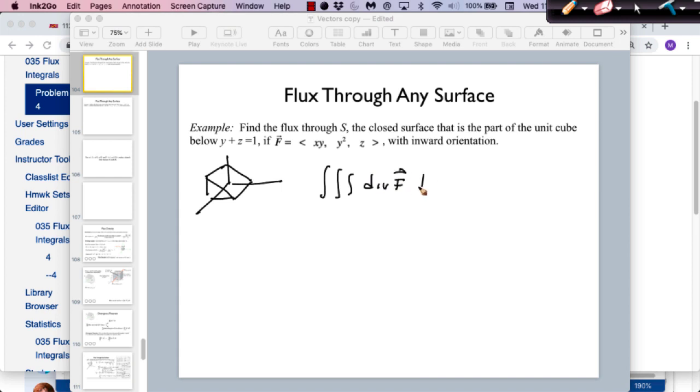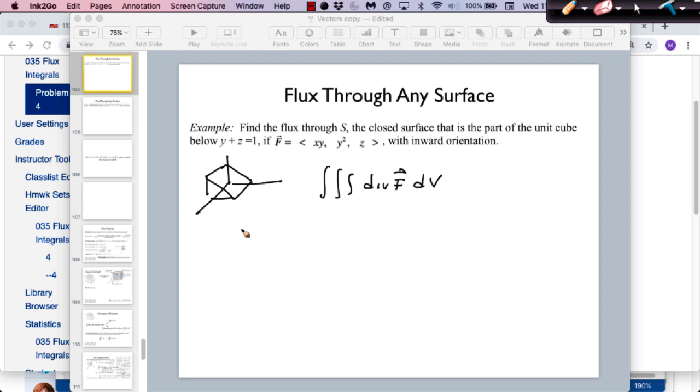And what did we expect to get? That's going to be for outward orientation. Divergence outward is positive. We did inward orientation and got -1, so had we done outward orientation, we would have gotten 1. So we expect to get 1 for this.